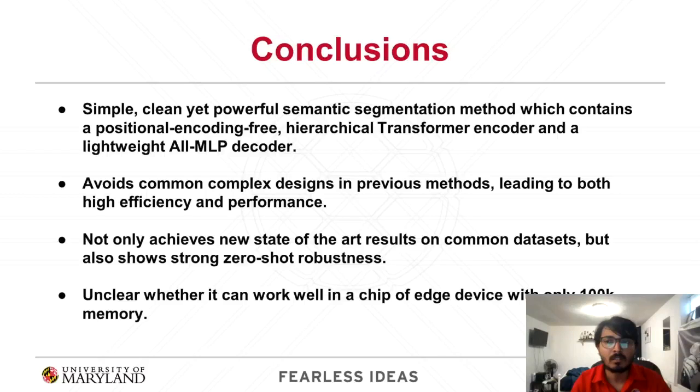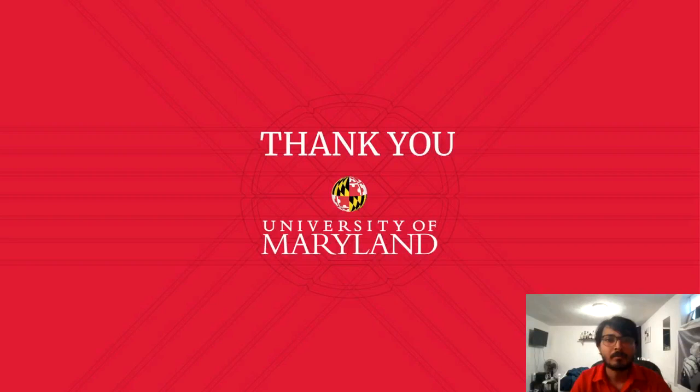They are still trying to improve it so that it can be deployed on edge devices, because with the current number of parameters it still cannot be deployed on edge devices, but it is still achieving great results compared to other state-of-the-art models. Thank you.